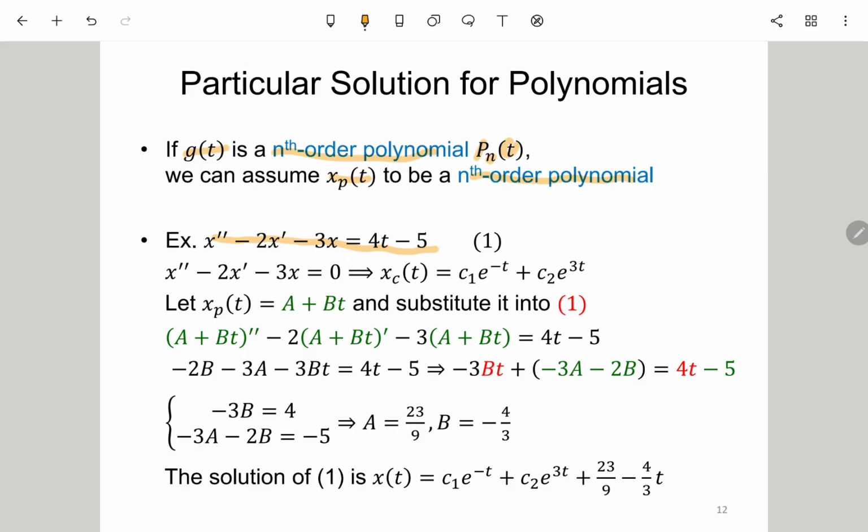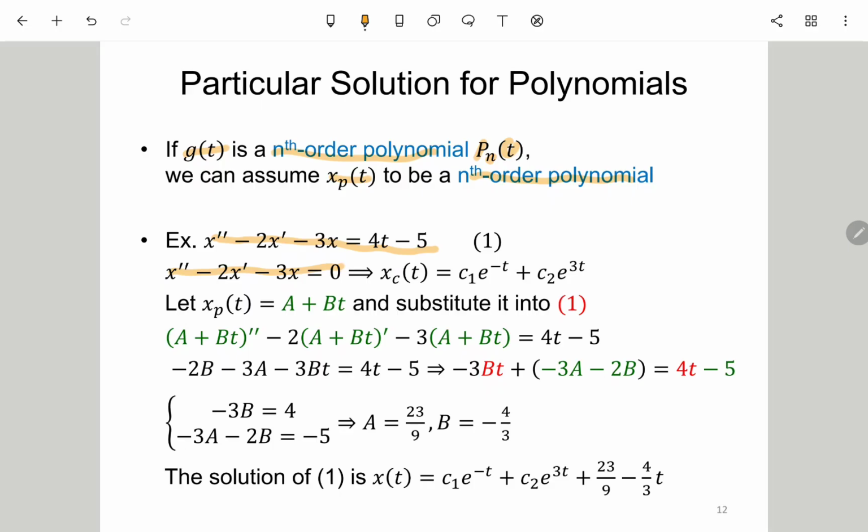So in that case, the first step is still to find the homogeneous solution. Don't try to skip it, because if you skip the homogeneous solution, for some cases you may make mistakes. So you need to solve the homogeneous equation first by letting the right hand side be 0.